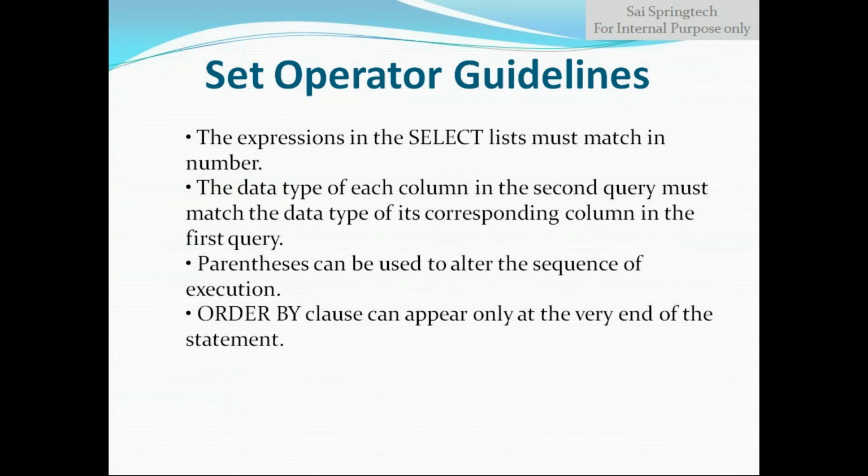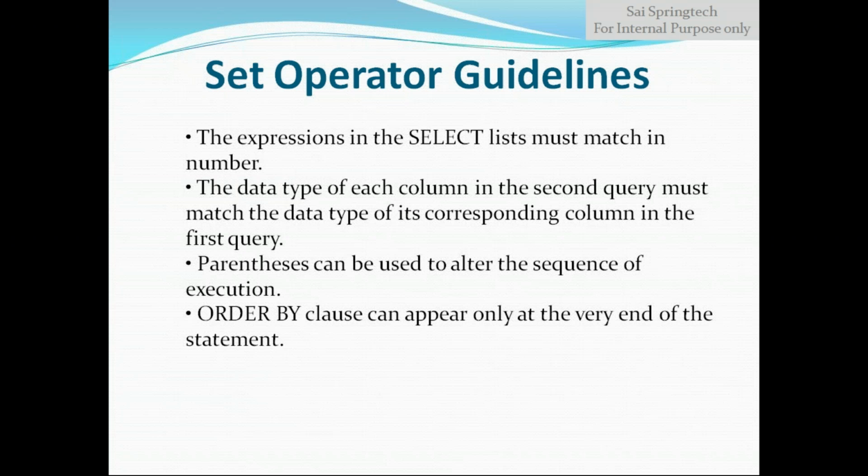That means if I'm using 3 columns in my first query, and 2 of them are number and 1 is a character column, then in my second query it has to be 3 columns. 2 should be number, 1 should be character. Exact data type, exact match in the list.